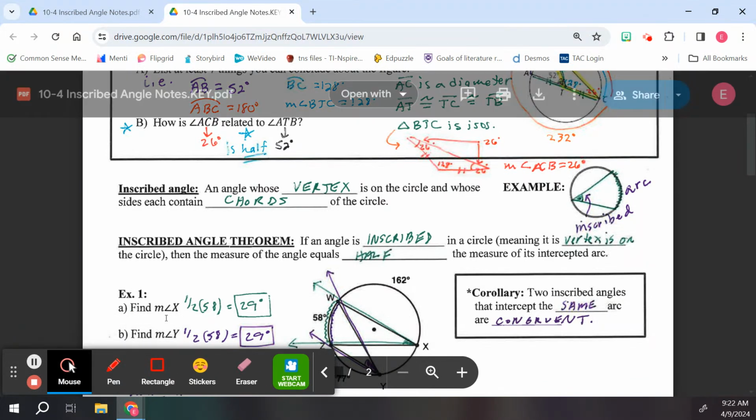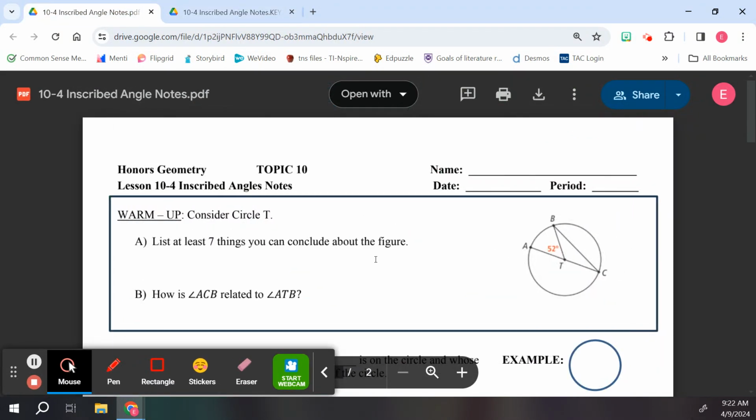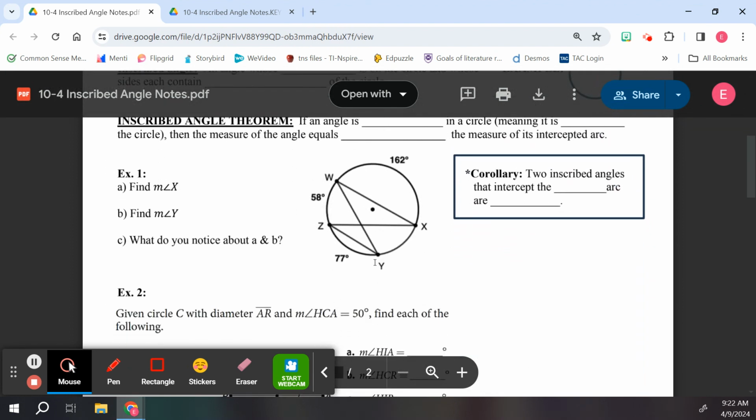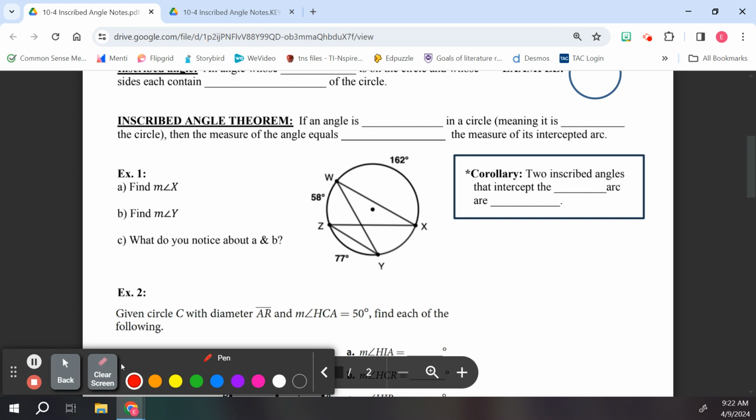Okie dokie. Let's get into our examples. So again, colors always help me to identify, but like I said, this isn't hard. It just can be a little visually challenging. So I always like to highlight things so that I know what I'm looking at.